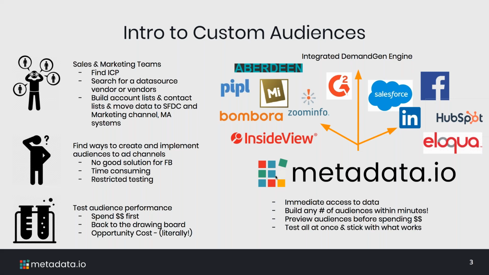So before Metadata, typically, how did the whole process of demand gen marketing start, right? Sales and marketing teams would get together, or they got together with the top management, and what they tried to find was their ideal customer profile, their ICP.